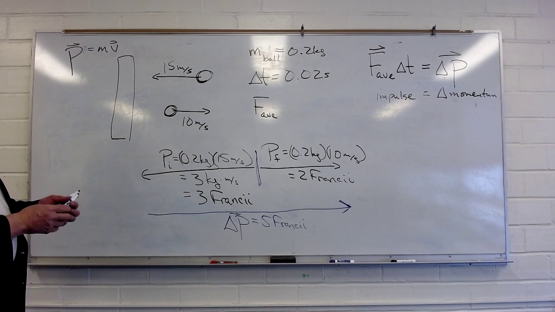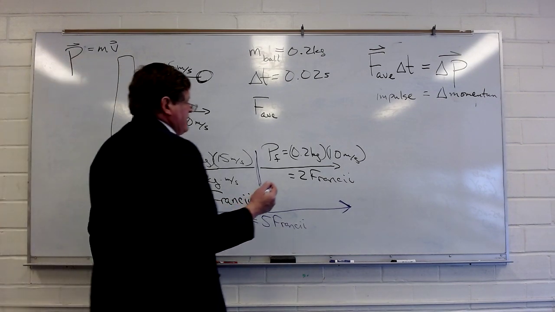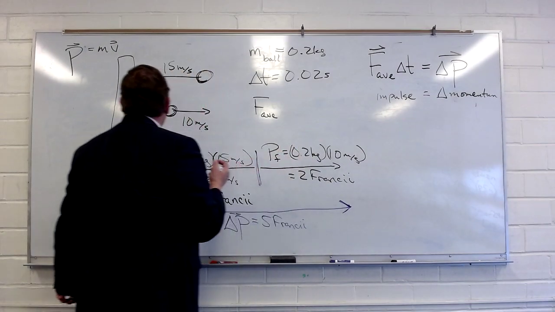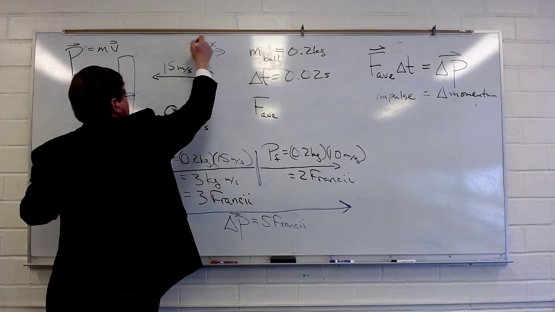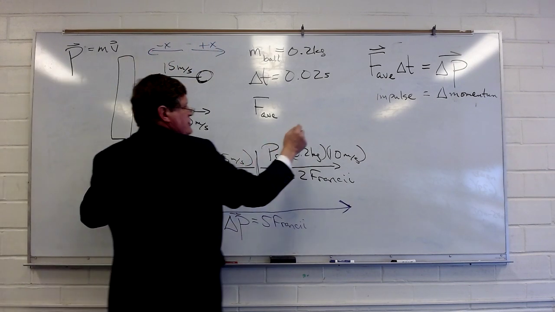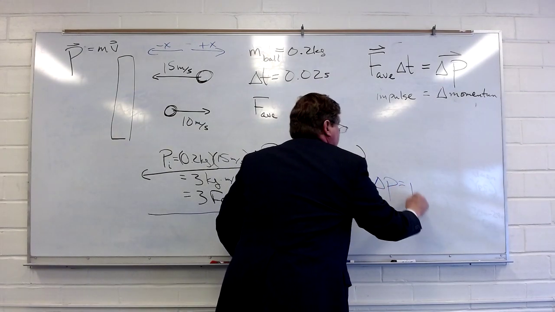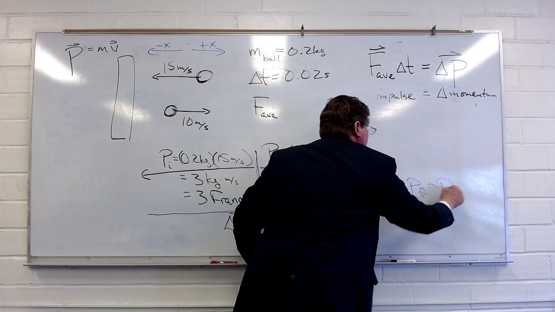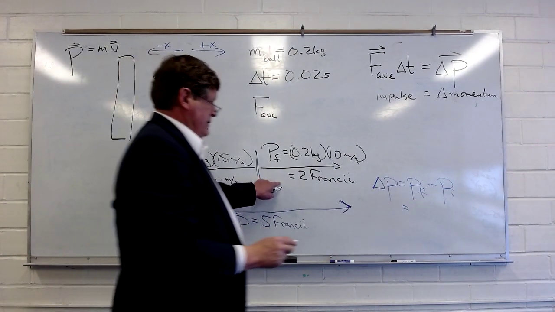Now, if you aren't comfortable with vectors, if vectors are not your friend, then just use what we call the math. If we call to the right the positive x direction and to the left the negative x direction, then the change in momentum is going to be P final minus P initial. Well, P final is to the right.